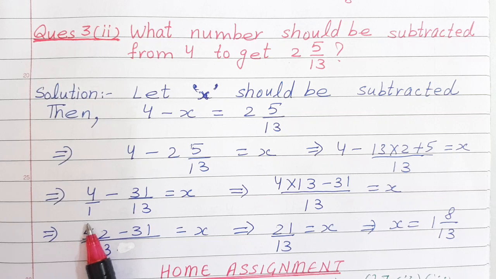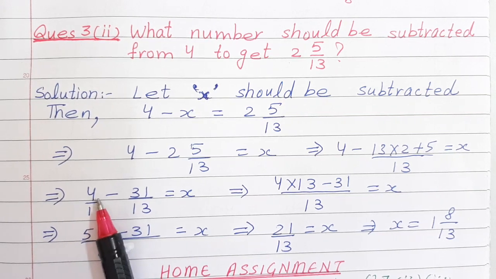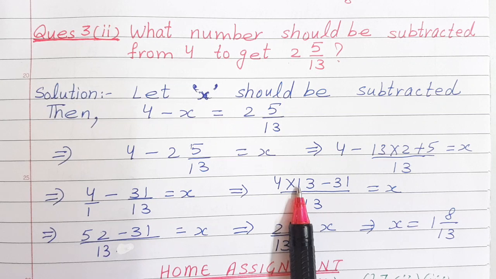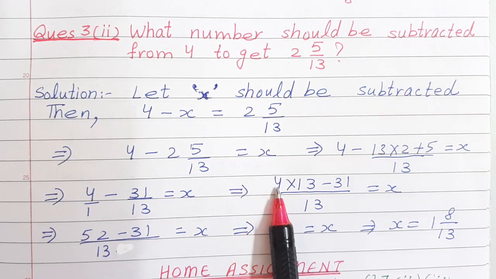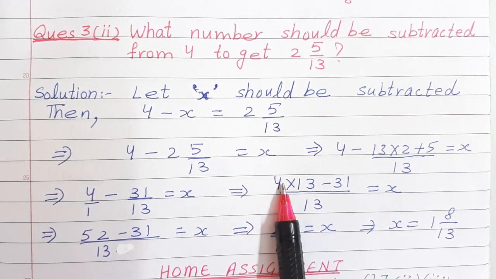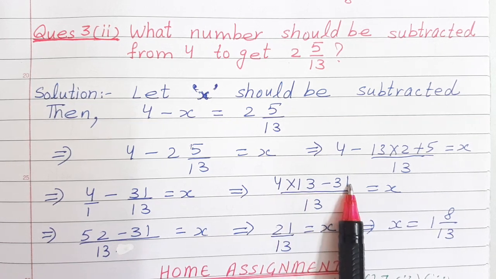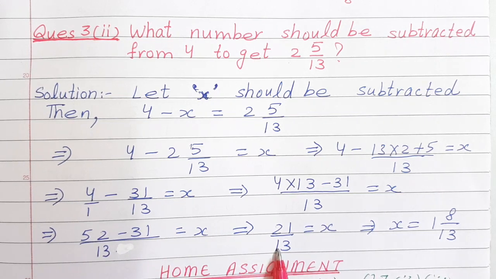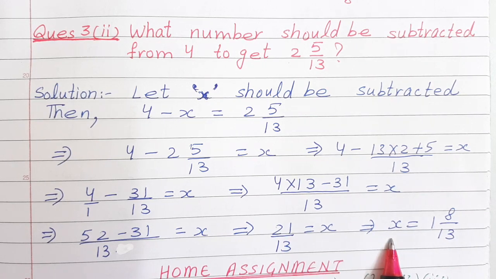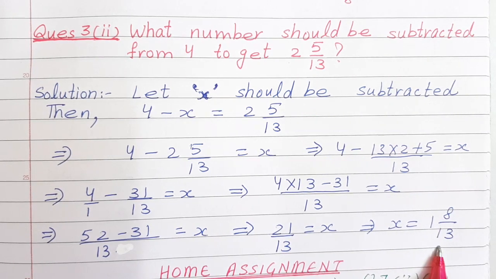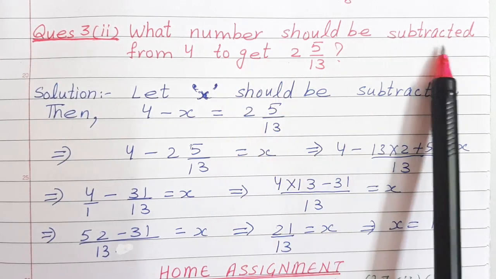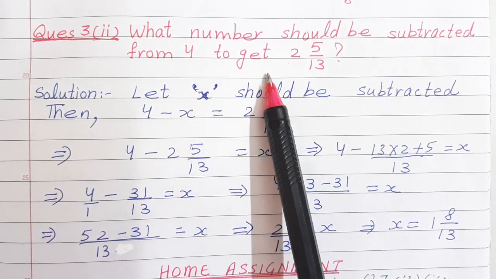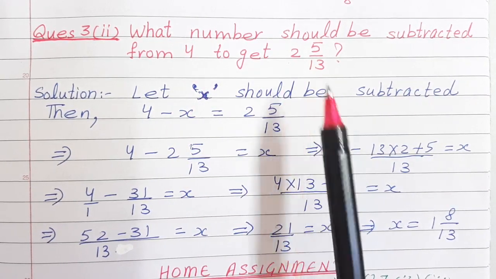So how many 1s are 13? 13s are. So 4 also we multiply with 13. Right? So now this is 13 4s are 52 minus 31 upon 13. So the answer is 21 upon 13. Right? So therefore x is equal to 1 8 by 13.